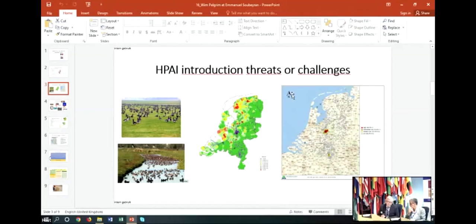We discovered that there are relations between the surrounding of a farm, for example, is there a lot of water in the neighborhood of a farm, or are there a lot of water birds or pasture in the neighborhood of the farms, and the risk of introduction. And you see the red areas are the areas where the introduction of avian influenza from wild birds is the highest.